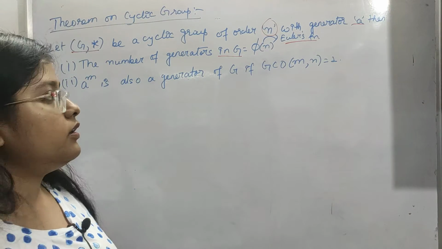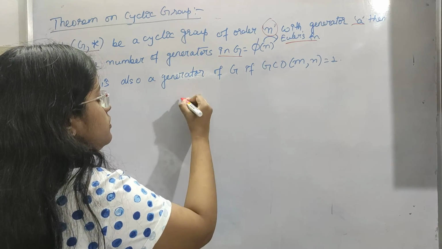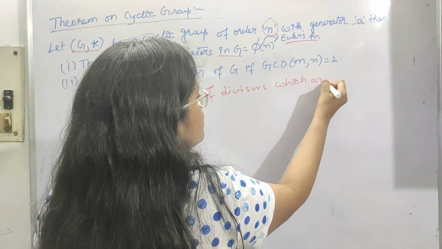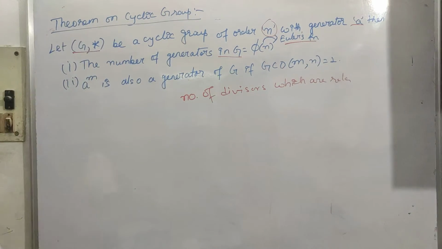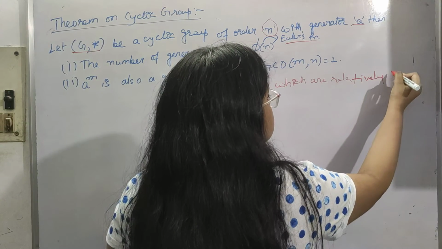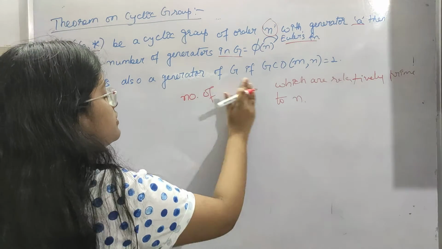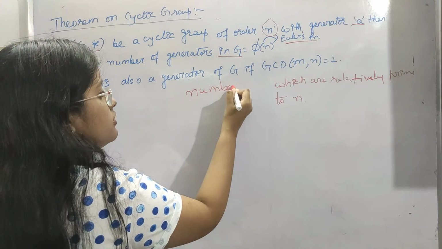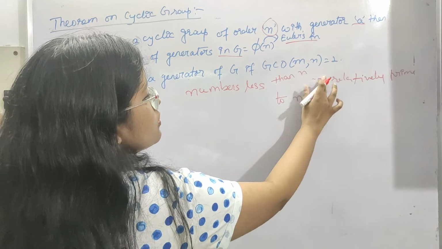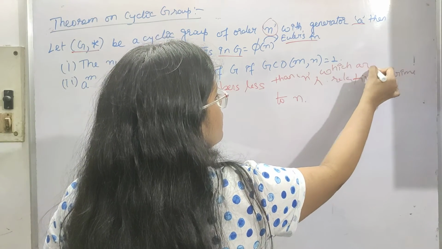It counts the numbers less than n which are relatively prime to n.